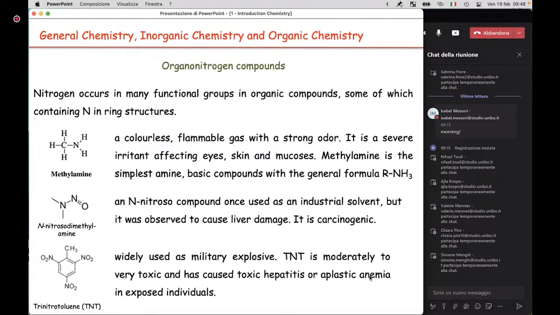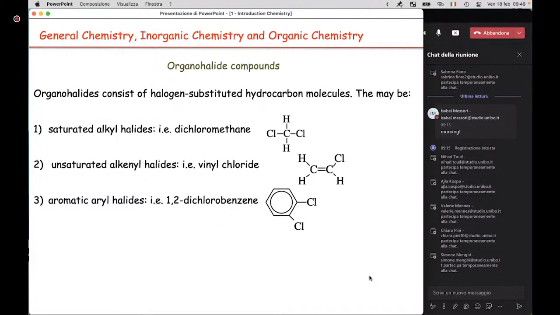So, as you can see, any kind of compound, any group in the right, or let's say wrong conditions, can be toxic. And we have organohalide compounds. We have seen before how they are formed from alkanes and alkenes. They can, of course, bond different kinds of organic molecules.